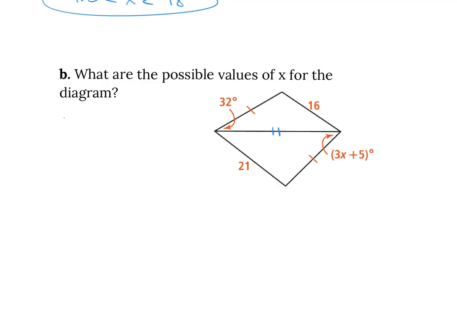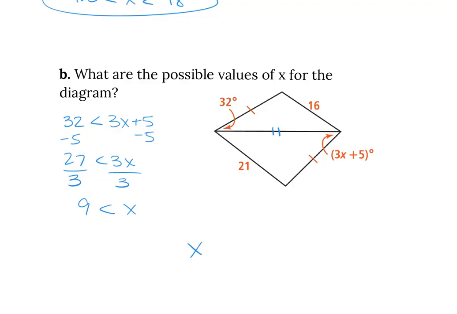So for this one, I would have that 32 is less than my 3x plus 5, and I'll solve. So x needs to be larger than 9.